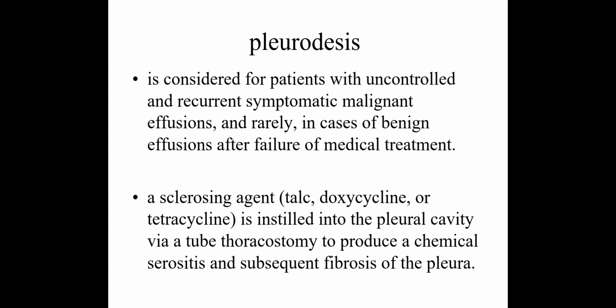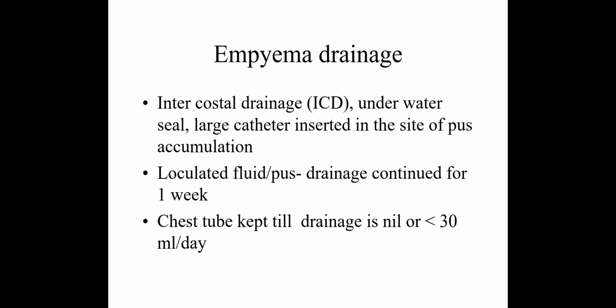We use talc, tetracycline, doxycycline, or bleomycin, instilled into the pleural cavity through the chest tube, to produce a chemical sclerosis and subsequent fibrosis of the pleura. So you will end with an adhesion between the visceral and parietal pleura, or between the lung and chest wall. So you will minimize the rate of recurrence.